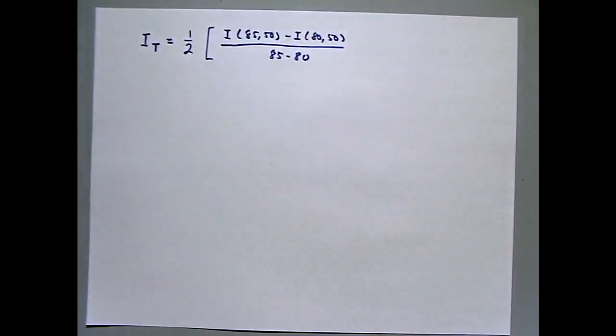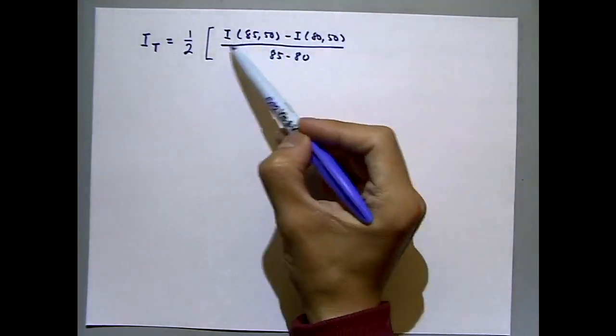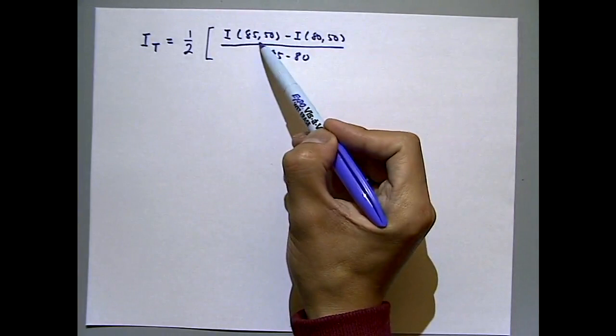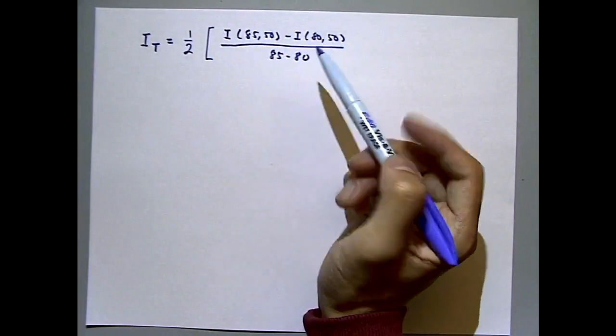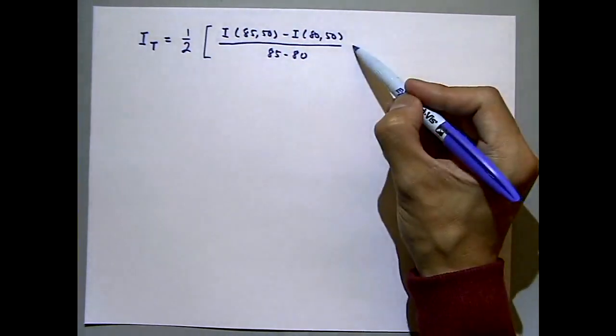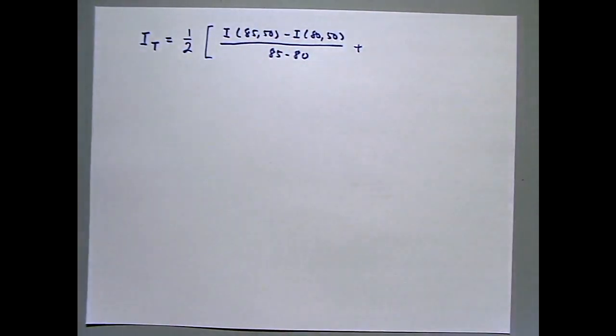That's going from the top value in column 2 to the second value in column 2. Later point minus the earlier point divided by the change in the temperature. That's just the slope. And then I'm going to add to it the second slope.